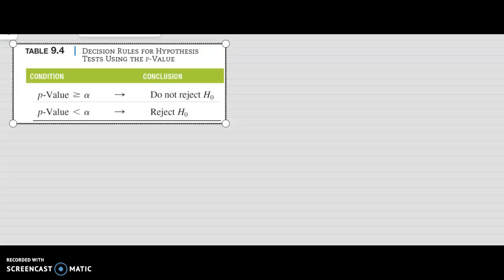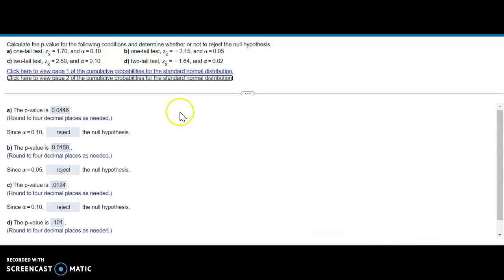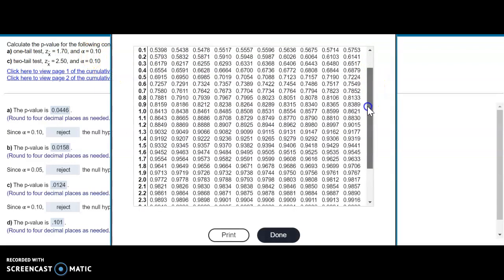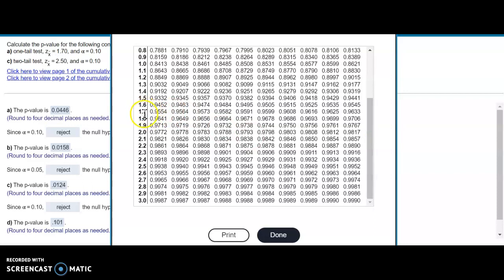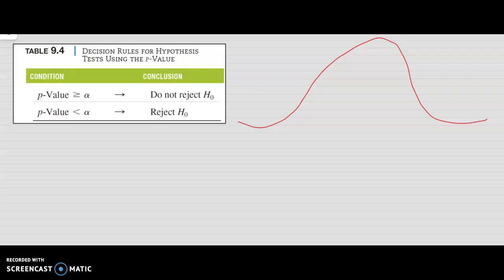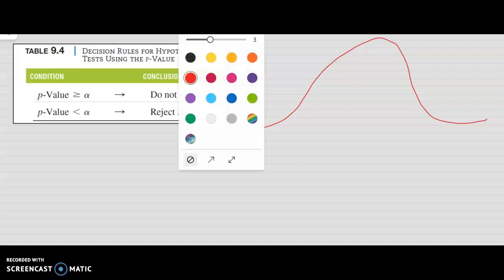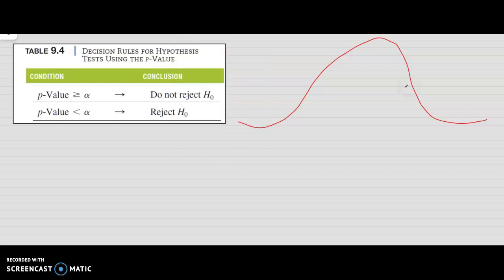So what we need to do is think about our normal distribution, and look up 1.70 on our table. 1.70 would be 0.9554. So 0.9554 would be right here.